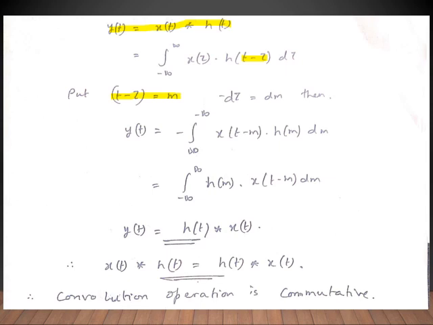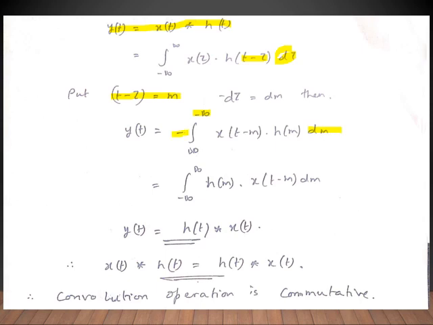The lower limit becomes infinity and minus infinity the upper limit, because if tau equals minus infinity, m is positive infinity, and when tau equals infinity, m changes to minus infinity. So d tau changes into dm with the negative sign, and that's why this negative sign is indicated.